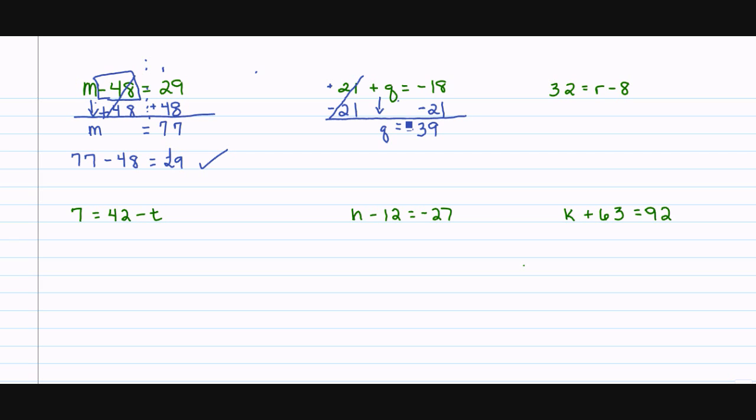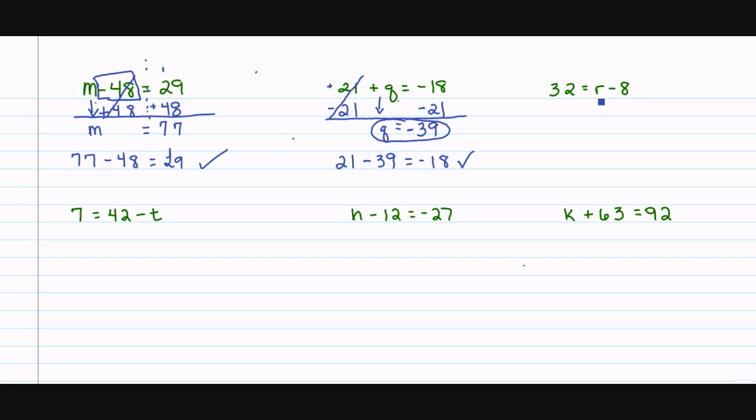So my answer is negative 39. I'm going to plug that back into my problem to see if it works. Does a positive 21 and a negative 39 give me negative 18? Yes, it does. Let's go to this one.